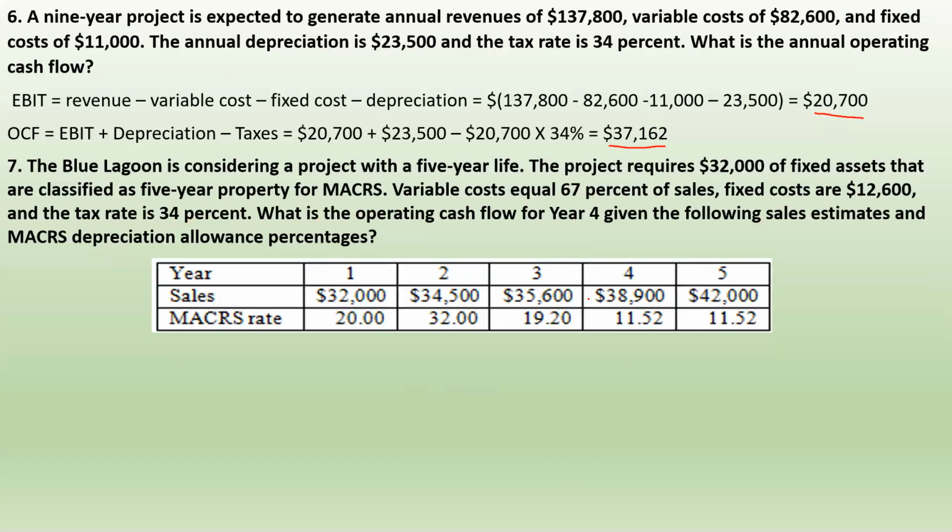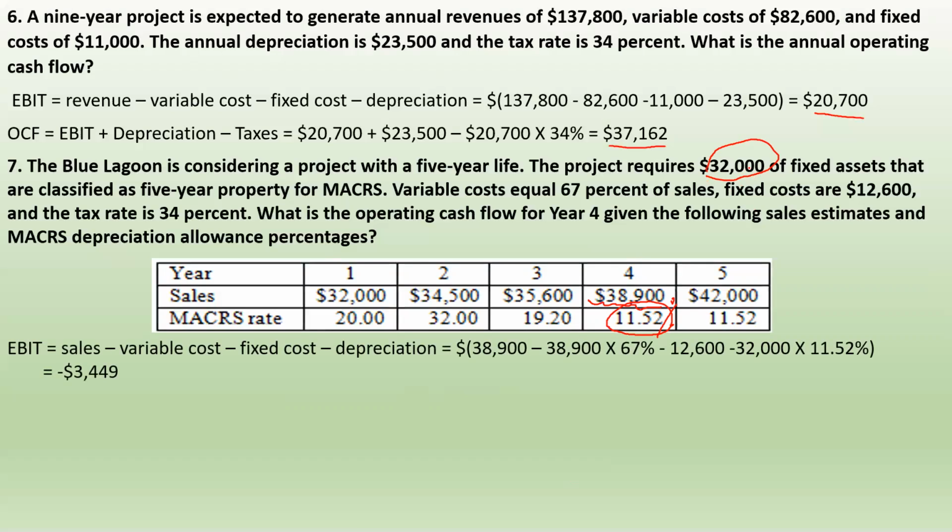So for year 4, the sales is 38,900 and the MACRS depreciation rate is 11.52% of these fixed assets. Remember, when we calculate the depreciation, we use the depreciation rate times the fixed assets price.